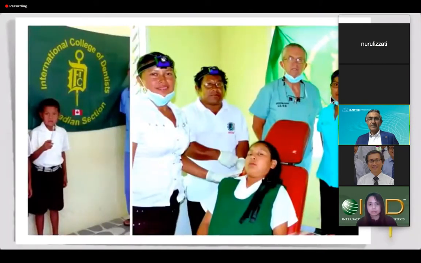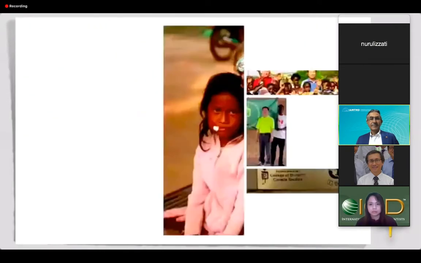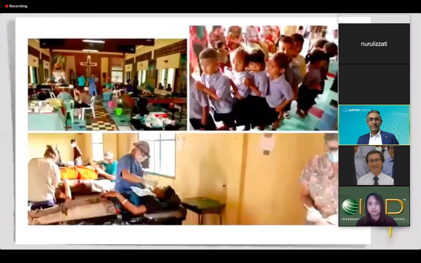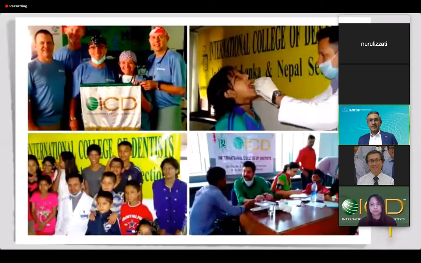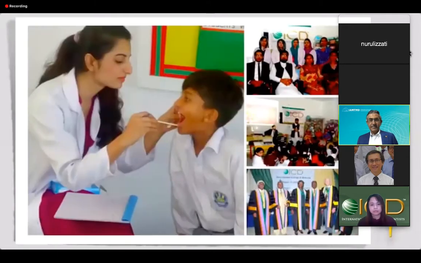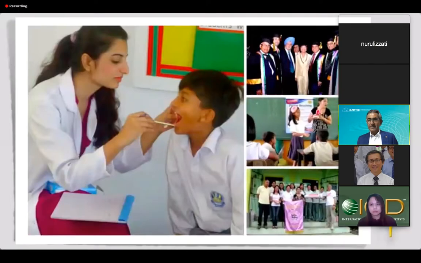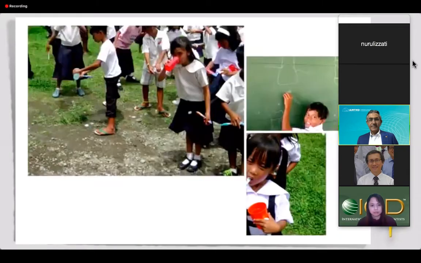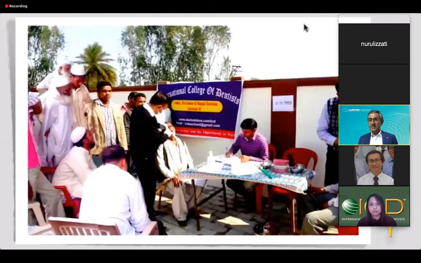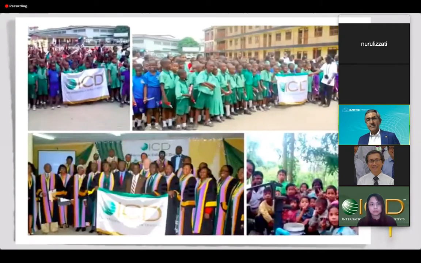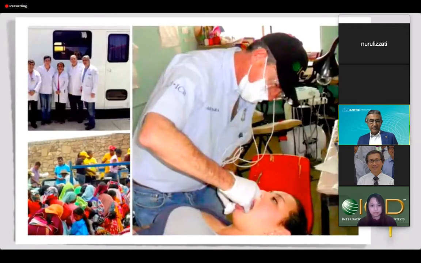What is very important at the center of my heart is that we will need to be able to give to the less developed country for humanitarian projects such as community dental service, eradication of dental caries, control of periodontal disease, which is also known to be closely associated with the heart disease as well as strokes and other systemic disease. So there are a whole range of dental problems that ICD could actually work with.